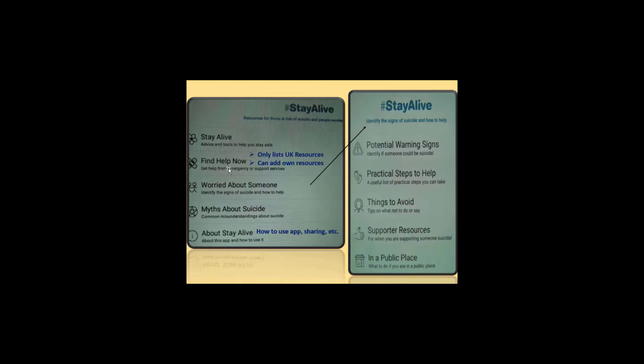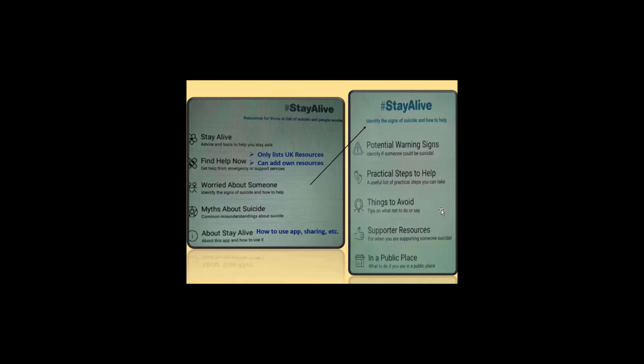Next, the Worried About Someone resources include a list of potential warnings for both a person who may be considering suicide or someone who knows someone, and a useful list of practical steps you can take.